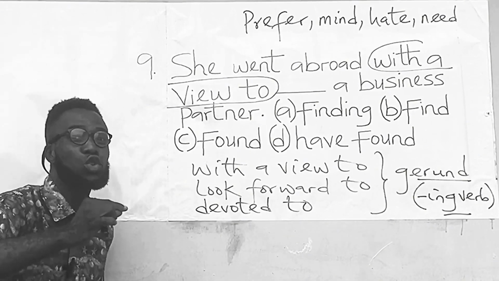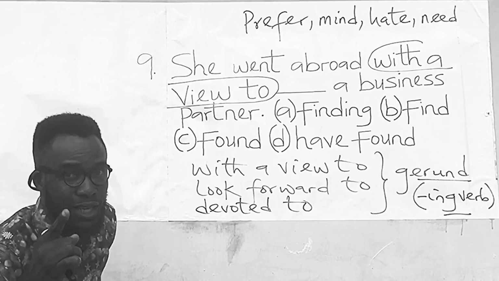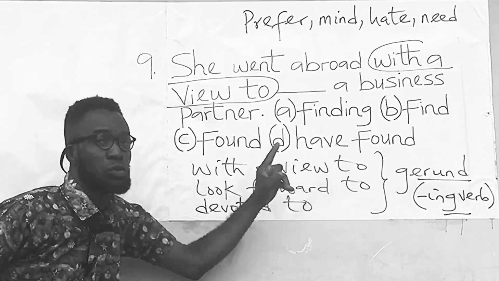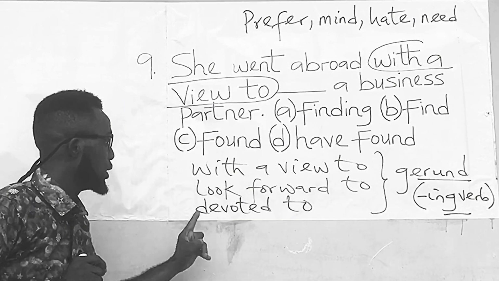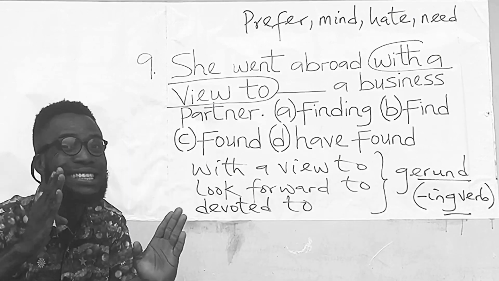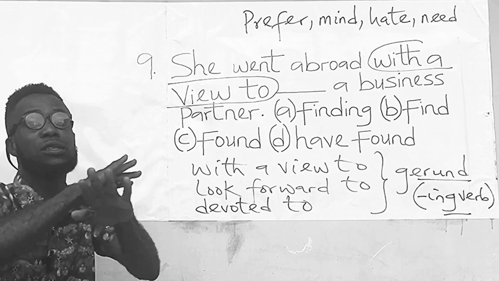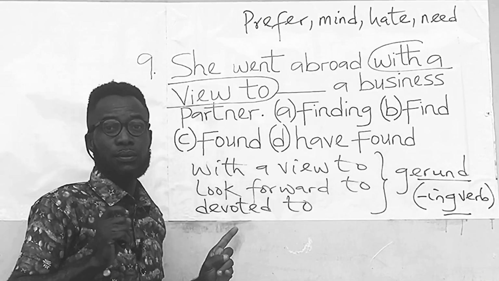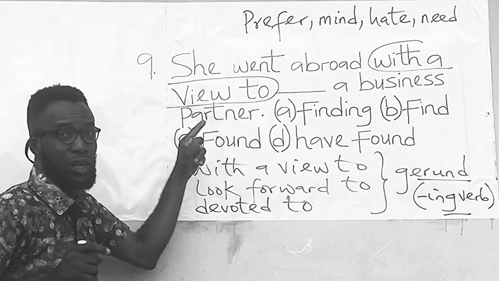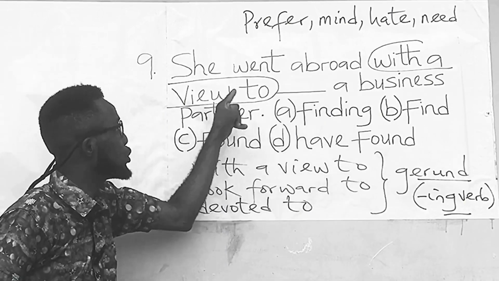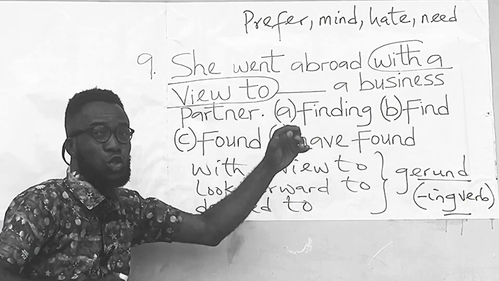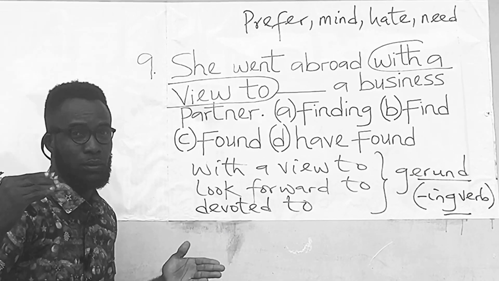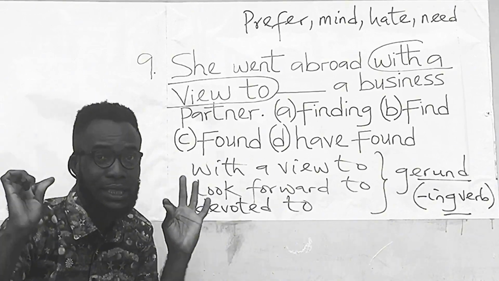And that is what you are expected to fill the gap with anytime an English question contains the phrase "with a view to", "look forward to", "devoted to", or anytime it contains the word prefer, mind, hate, or need. Insofar as this question contains the phrase "with a view to", the gap should be filled with a gerund, a verb that ends with ing, though playing the role of a noun.